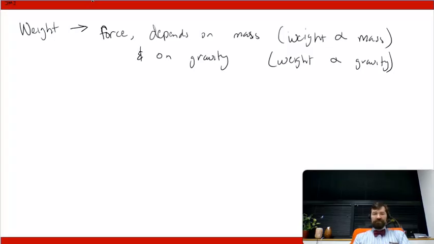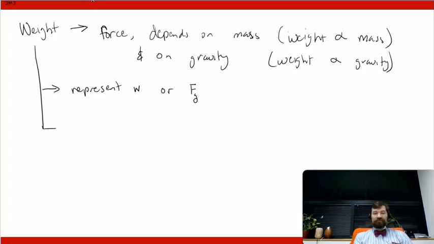The equation, or maybe before I give an equation, I should say what is it that we use for weight. We usually represent it via a lowercase w, or sometimes we use an Fg. In fact, I usually use an Fg.